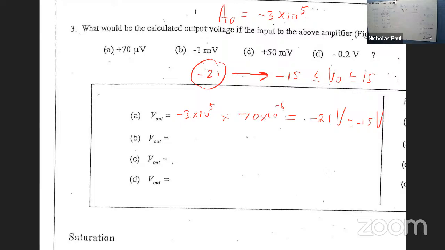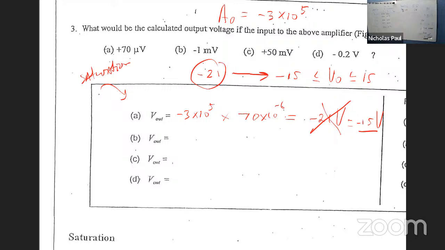This here is saturation. Whenever the calculated value is larger than the supply allows, we go back to the nearest limit value. So you're not going to get that value, you're going to get minus 15 volts.